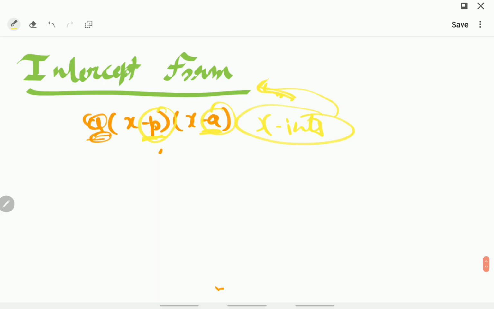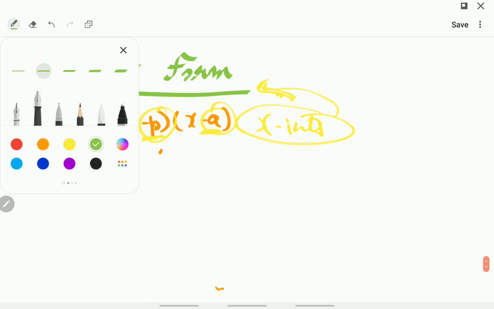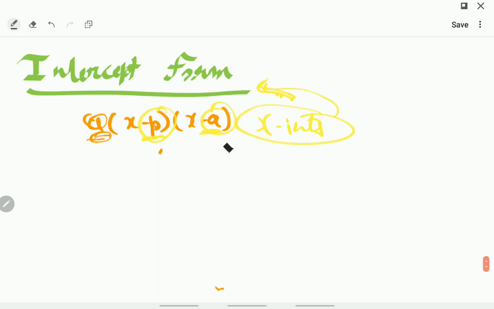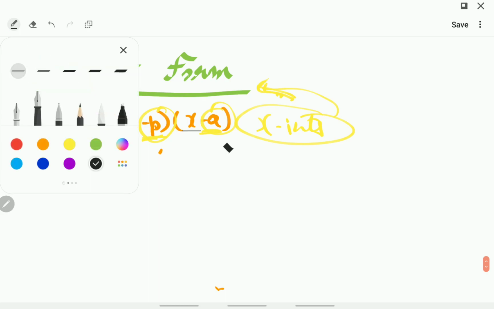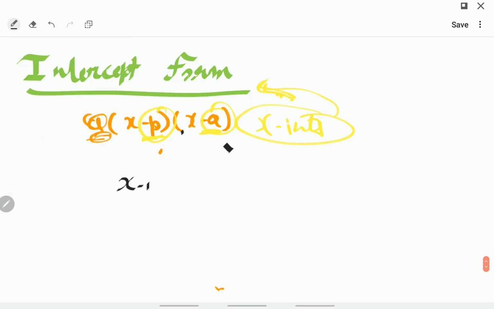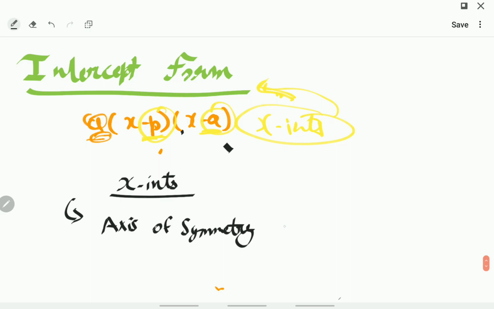Now, you might be wondering, how is this intercept form any useful? Well, it's useful because now you have the x-intercepts. When you have the x-intercepts, let's say it's minus 1 and 2, you can find the axis of symmetry by using the midpoint formula, finding the mean by adding x plus y over 2.